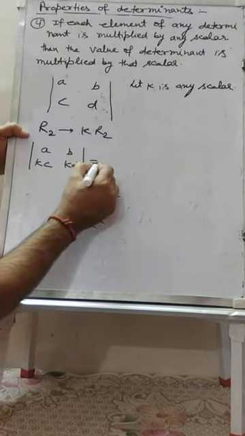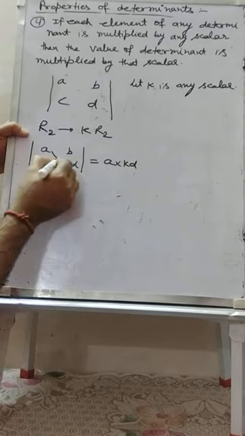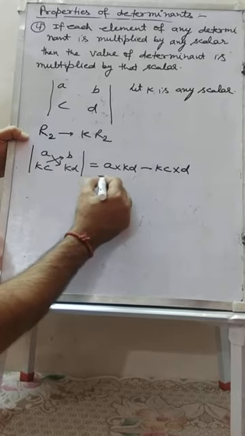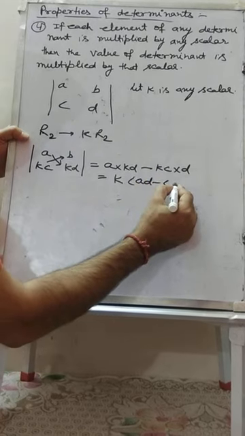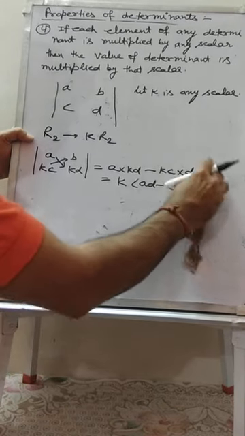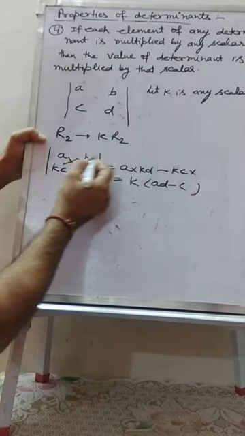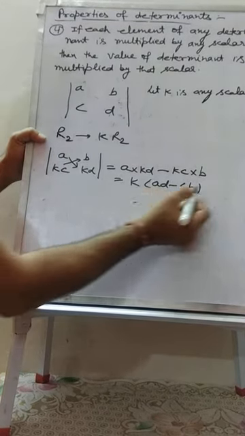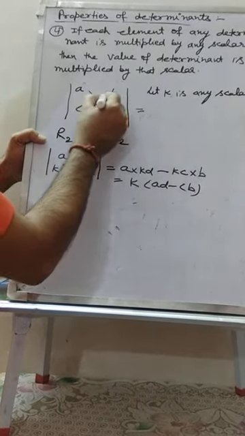Then its value will be A into kD minus kC into B, that is, k can be taken outside: k(AD minus CB). And this is the value of the original determinant, AD minus CB.